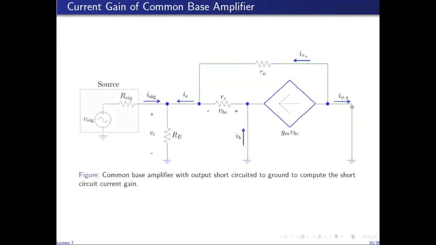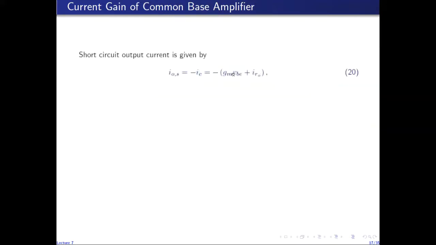IOS can be seen to be equal to minus IC. IC is the current that flowed into the collector. So IOS is minus IC, and IC was equal to GMVBE plus IR naught. So IOS is given by minus GMVBE minus IR naught.